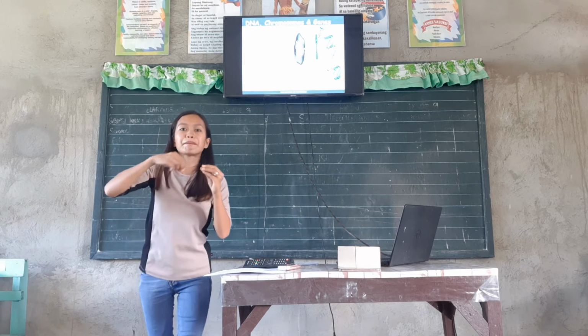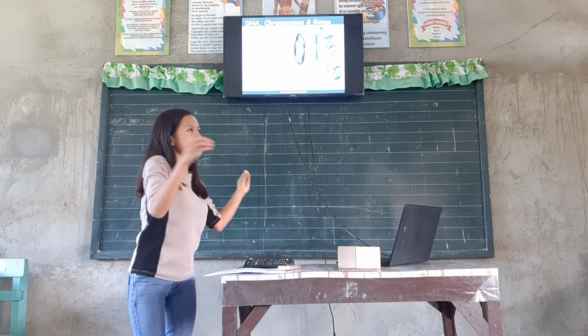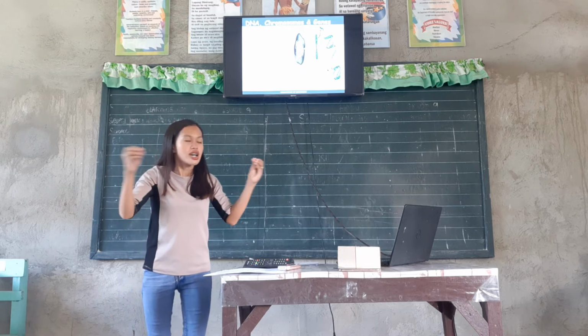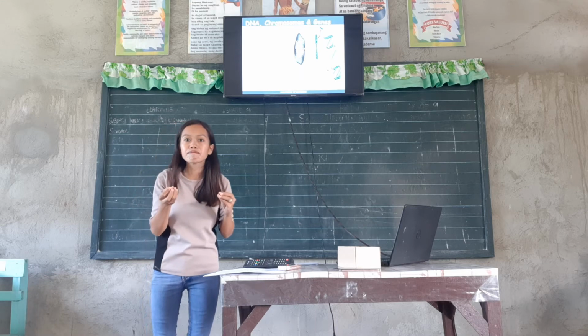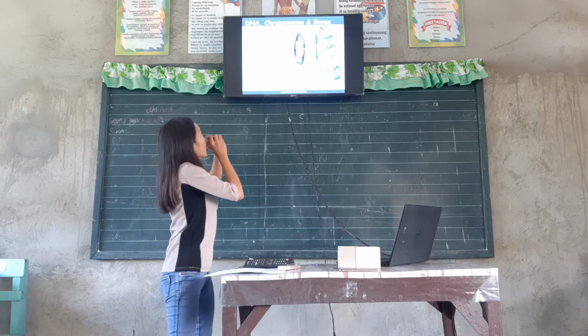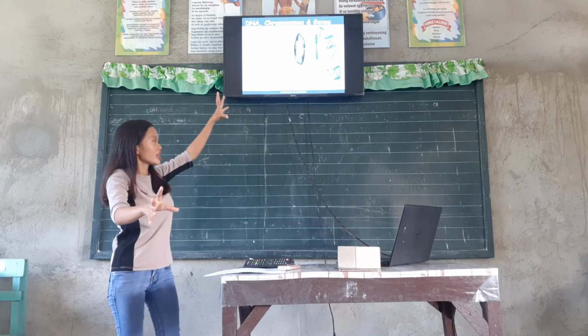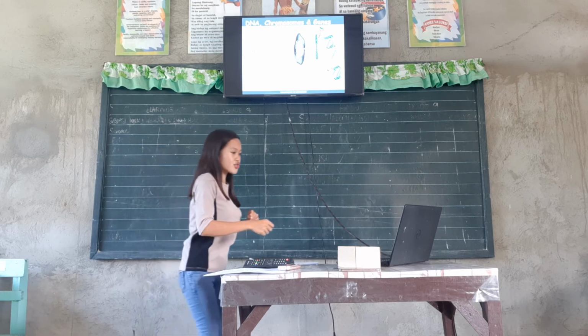Now, if we unpack the chromosome, we can see the two chains, which are called the DNA. Now, parts of the DNA, we have that unit of heredity that is called the gene.